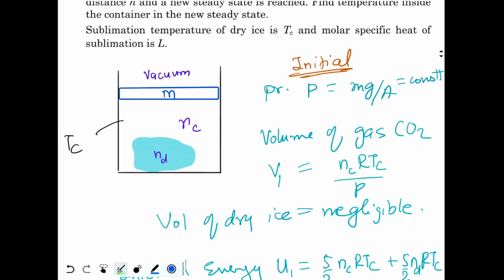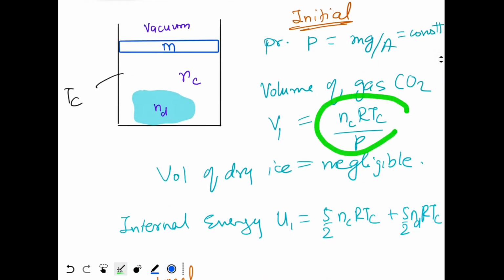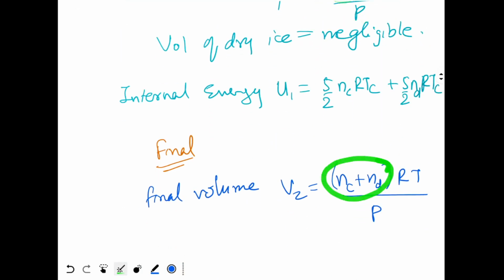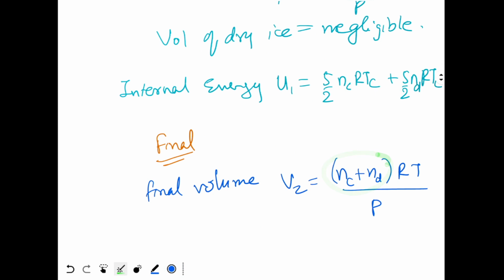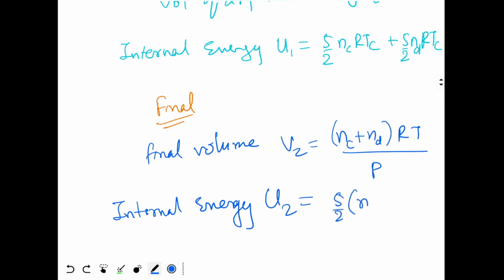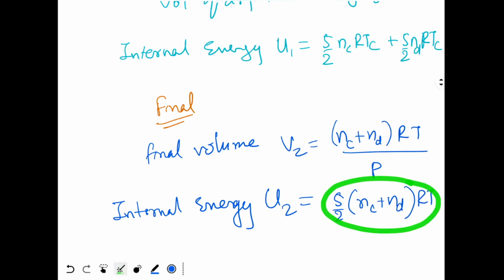See, initially number of moles is NC, finally number of moles of gas is NC plus ND. Okay, so the volume has changed by some amount. Final internal energy is how much? Internal energy finally U2 will be 5 by 2 (NC plus ND) RT. This is the final internal energy.